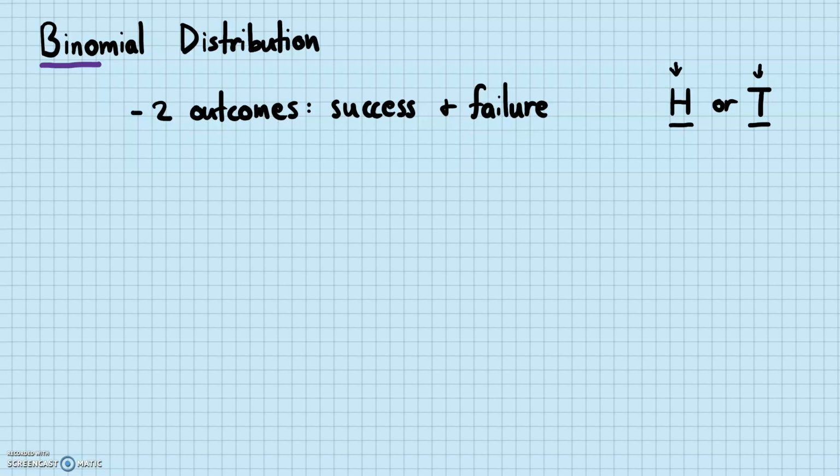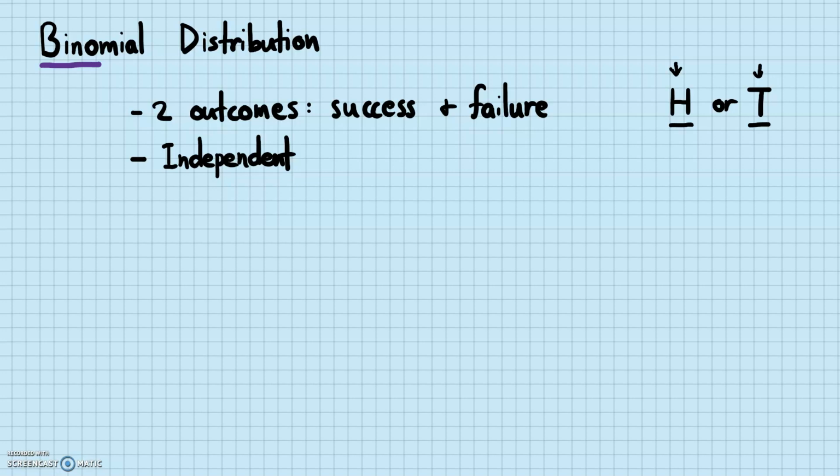Another thing about binomial distribution is that the events must be independent. We can again refer to the coin flip. The first flip is not going to affect what you get on the second flip.